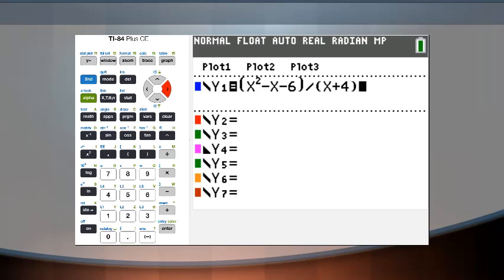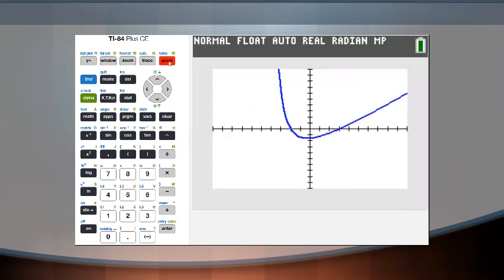I'm anticipating that I'm going to see a vertical asymptote where x is equal to negative 4, because I cannot divide by 0. It's going to restrict my domain to where x cannot equal negative 4, but other than that, it can equal all other real numbers. And I don't think I'm going to have a horizontal asymptote. So let's see what the graph looks like here of this rational function.